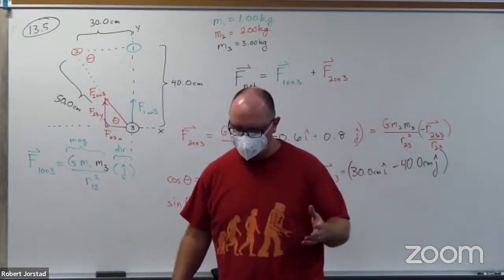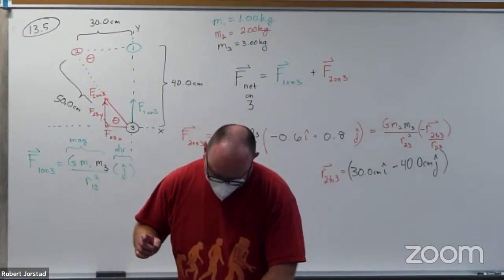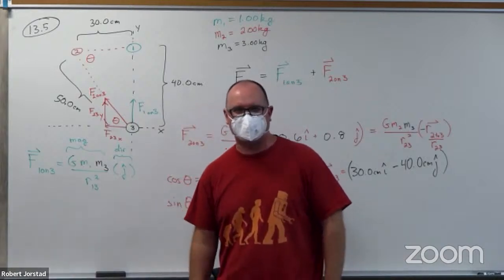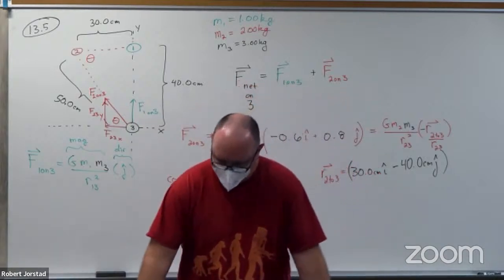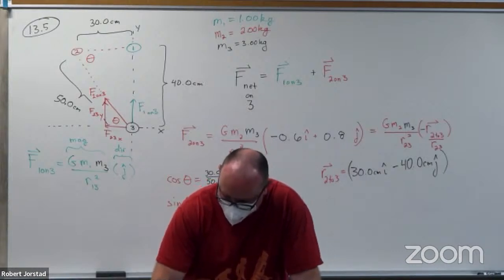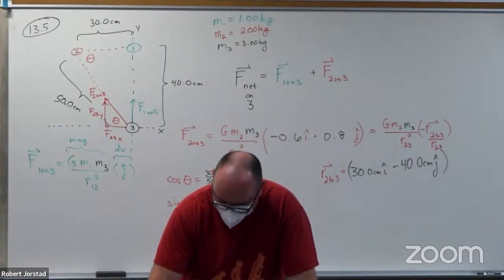If you are curious, this is something I mentioned earlier. Look at problem 13.12, because it's almost time to go and we don't have time to do another problem. Remember how I said people get confused why MGH is equal to negative GMm over R plus H? If you are passionate about understanding that relationship, 13.12 is for you.